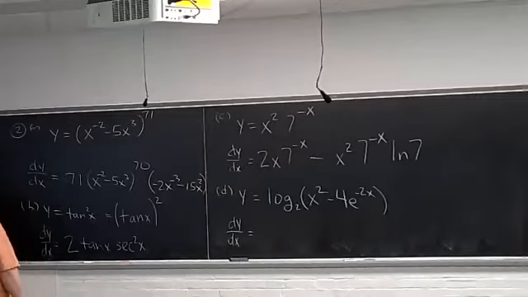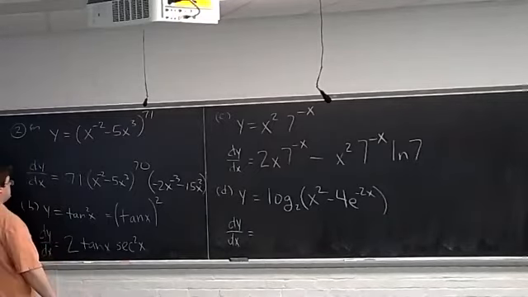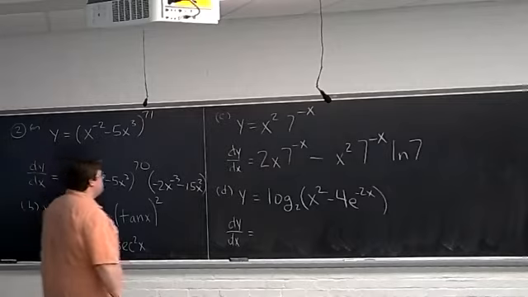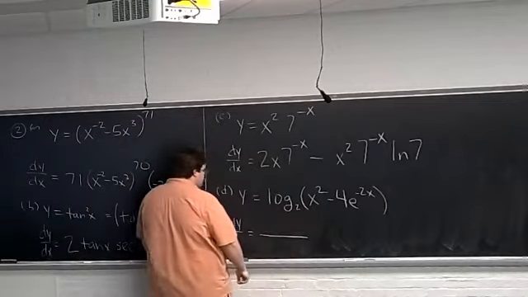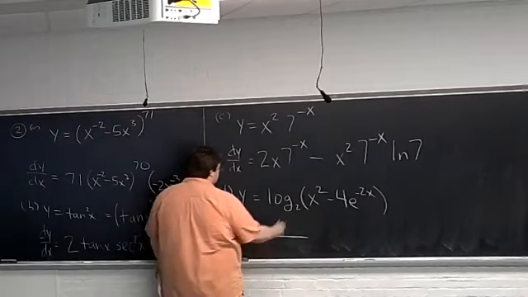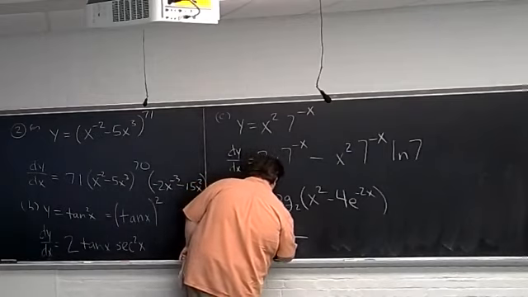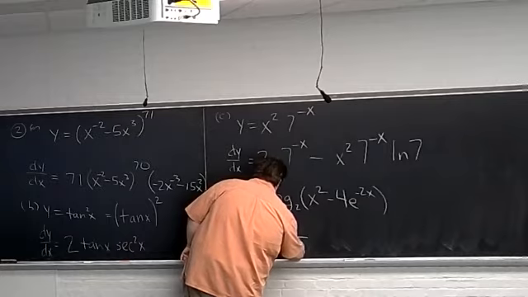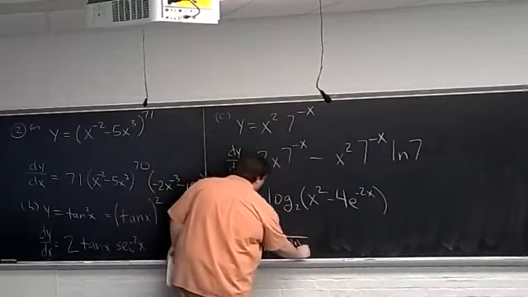The derivative of a general logarithm looks like the derivative of the natural logarithm, but with an extra constant, in this case, the natural logarithm of 2. The derivative of a general logarithm is 1 over, in this case, x squared minus 4e to the negative 2x, but times the natural log of 2.